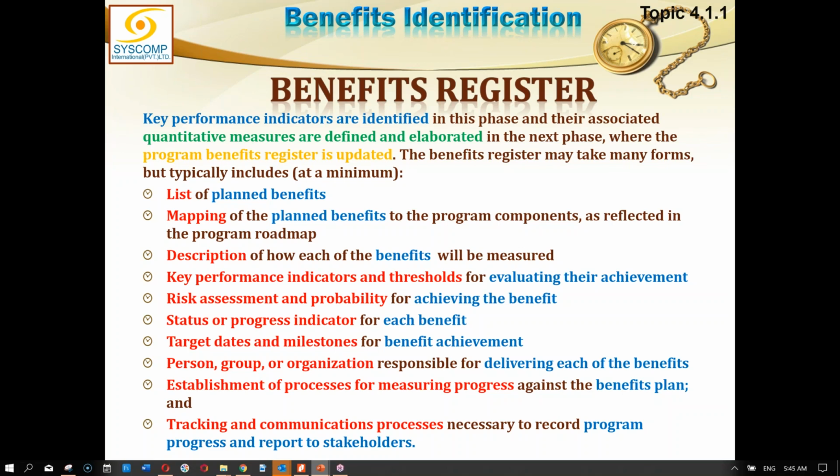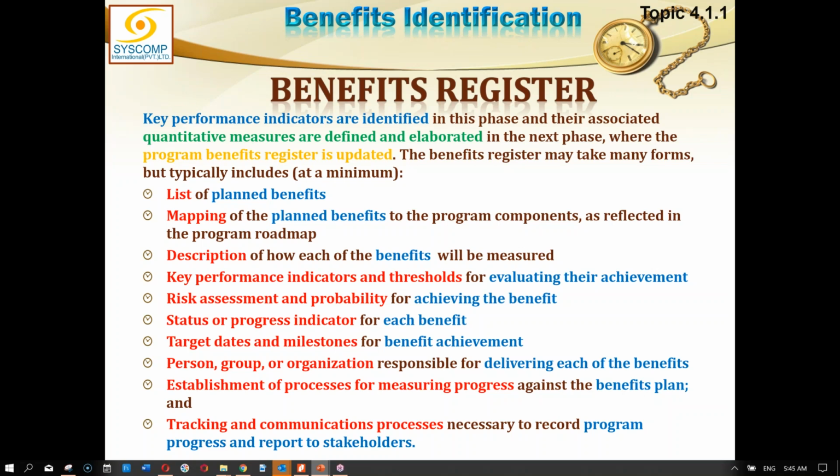Description of how each of the benefits will be measured. So measurement scale or measurement procedures, key performance indicators, and thresholds for evaluating their achievement. So what is the key performance indicator and what is the range within which a value should be to satisfy the KPI.